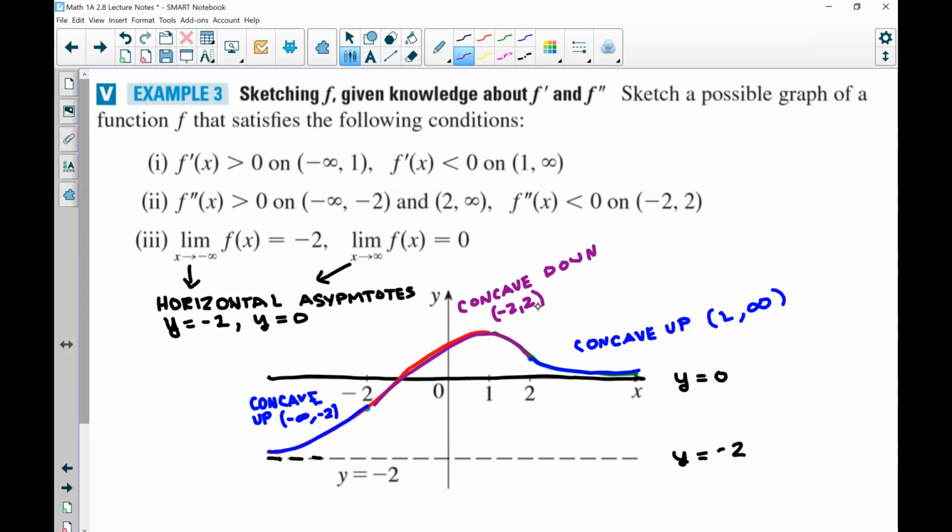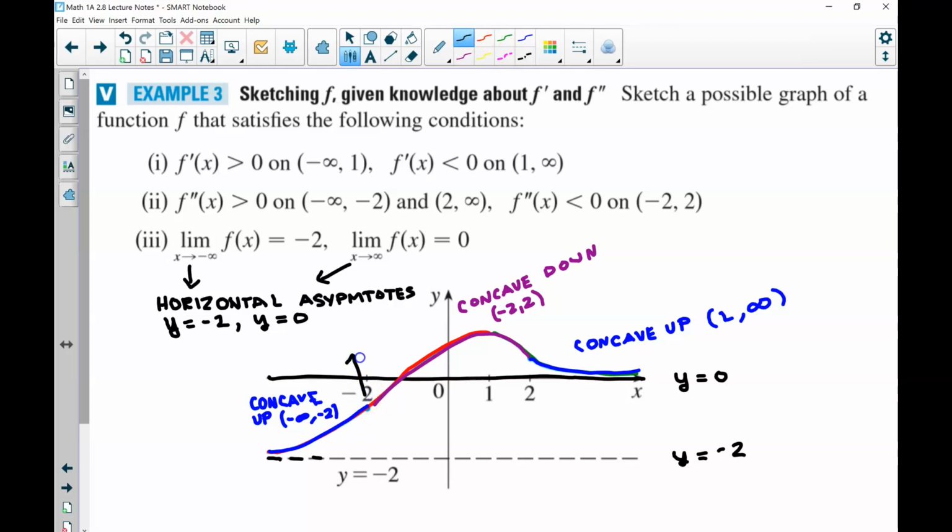We also make sure that the graph has inflection points when x equals -2 and 2, because that's when it changes. So let's go ahead and make note of the inflection points.